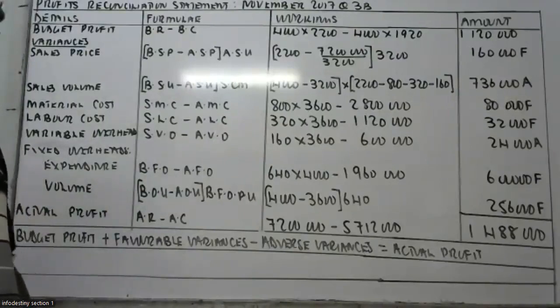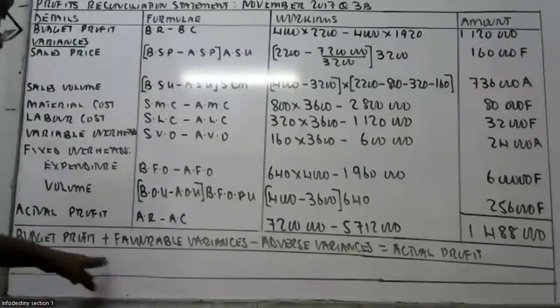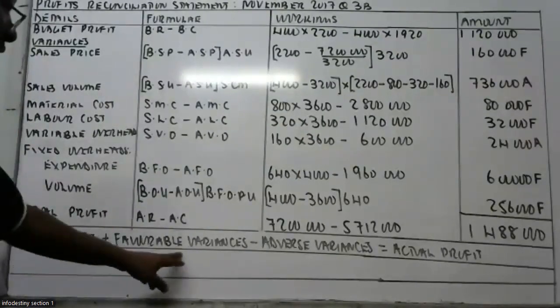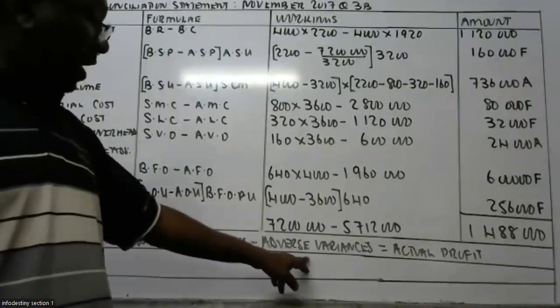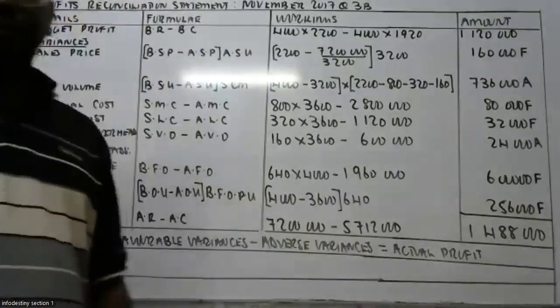Yes. Good. So that is how it's done. You take the budget profit, you add all the favorables, you less the adverses, it will go to the actual.